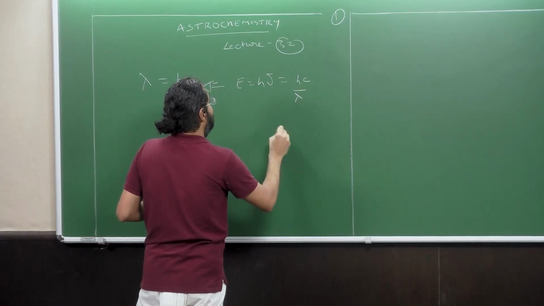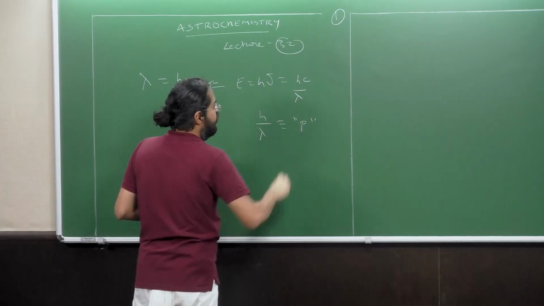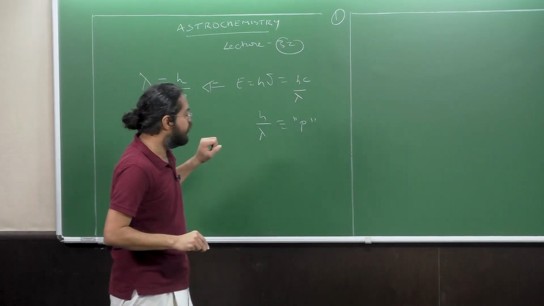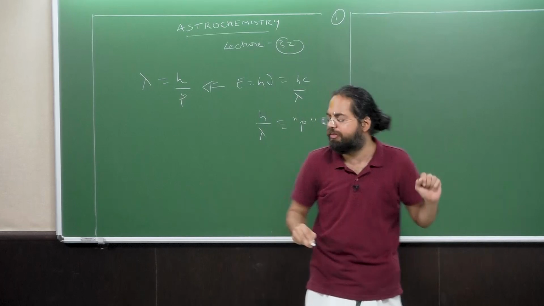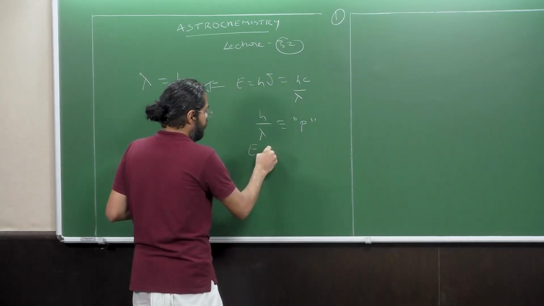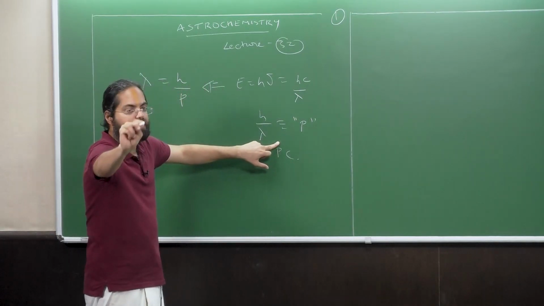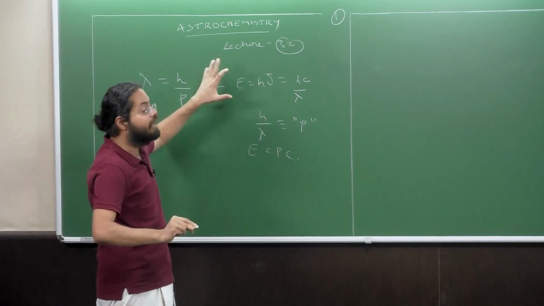And by recognizing that h by lambda has dimensions of momentum, and also that based on classical electrodynamics, starting from Maxwell's equation, you can show that E equals Pc. We did not rigorously derive this. Okay, please notice, we did not rigorously derive it, neither did de Broglie.